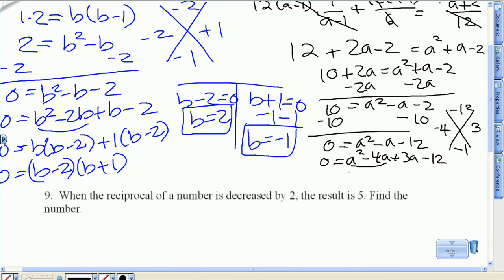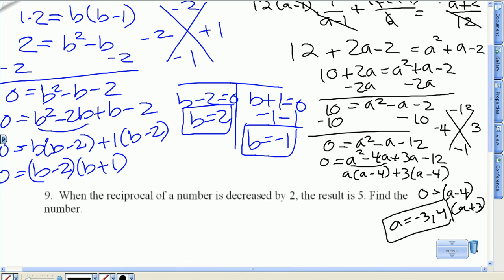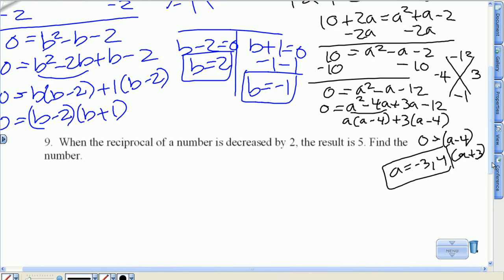So I take an A out, that's A minus 4. I take a 3 out, that's A minus 4. So I get 0 is equal to A minus 4 times A plus 3. So my roots are negative 3 and 4. Remember, if A is equal to 1, this thing is undefined. I don't get that. So we're in good shape.